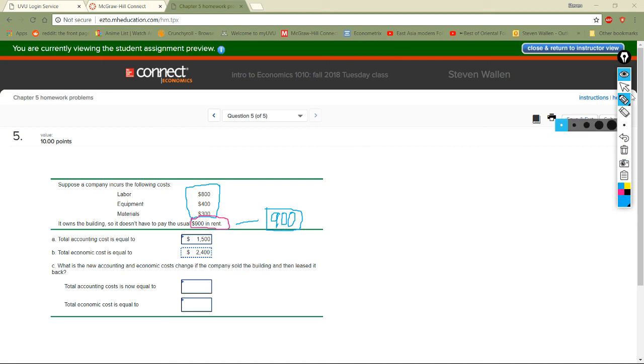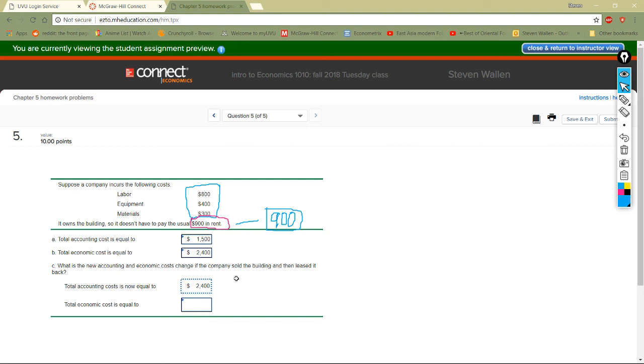So your total accounting is now what? Total accounting is 2,400. And then total economic cost. So total economic costs is if there's any cost that we're still incurring that's not put in the books because we own something and that thing could be used for something else. But right now, based on the numbers, is there anything else it's telling us that we own and aren't putting into the books as far as what else it could be used for as far as value?